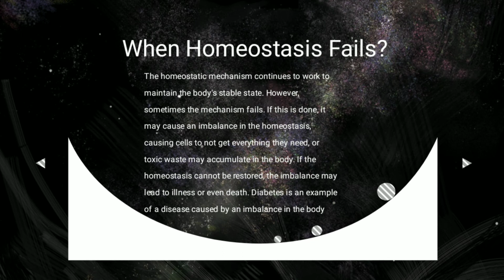If homeostasis cannot be restored, the imbalance may lead to illness and even death. So if homeostasis fails or is out of balance, the body systems will get sick or tired, and it leads to illness or sometimes death.